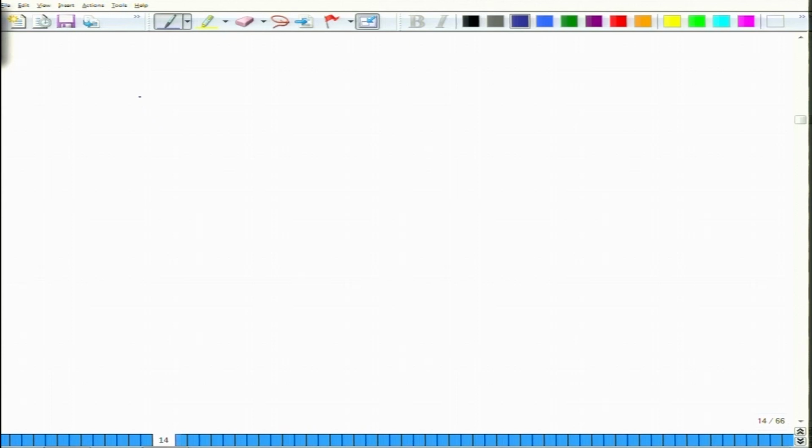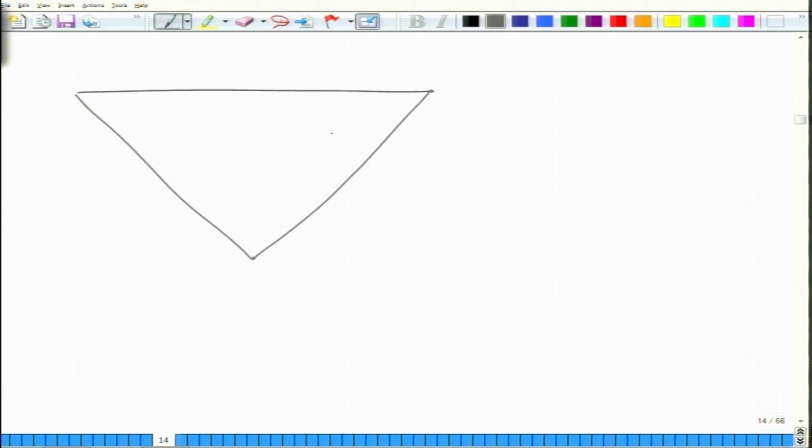For example, let me give you one example of how you determine the composition. Let us say you have a phase field something like this.